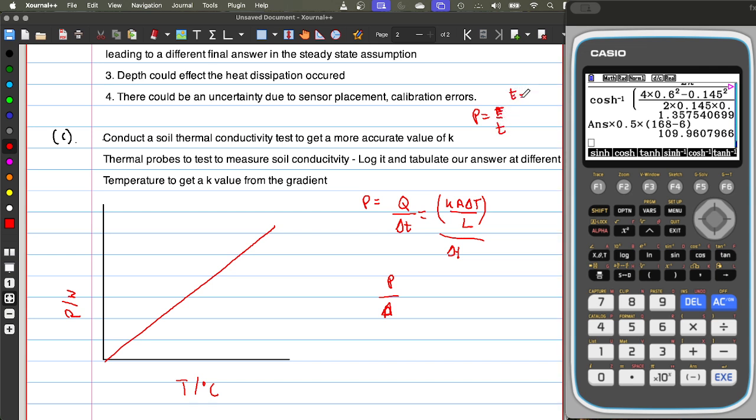So energy is just P del T. So we can say that Q equals P del T. So we can maybe just plot Q here. But whichever quantity you measure, for now we're saying it's P.